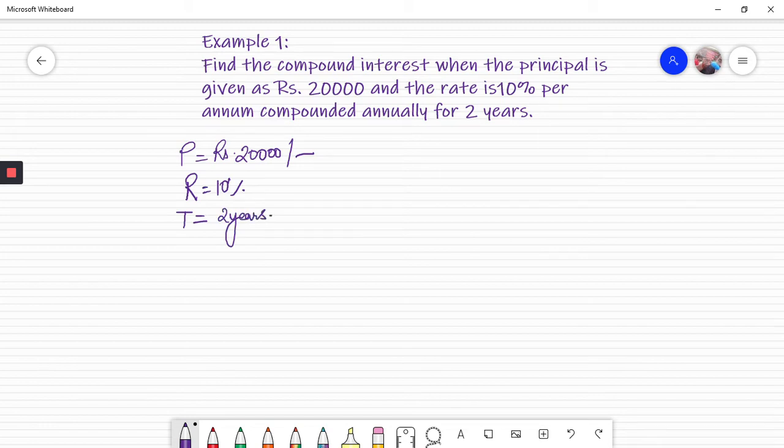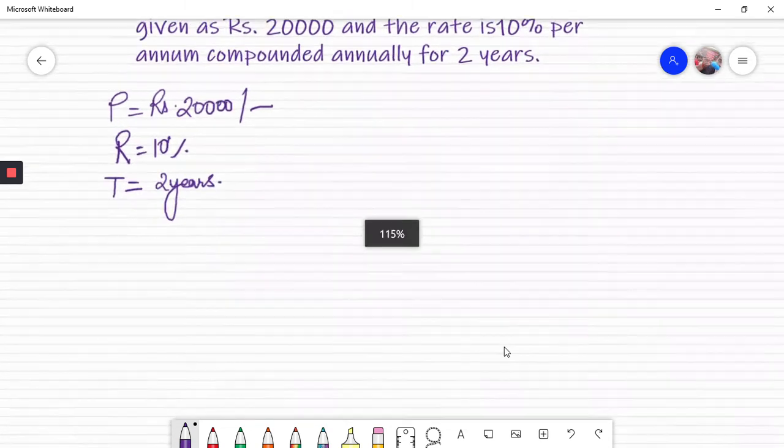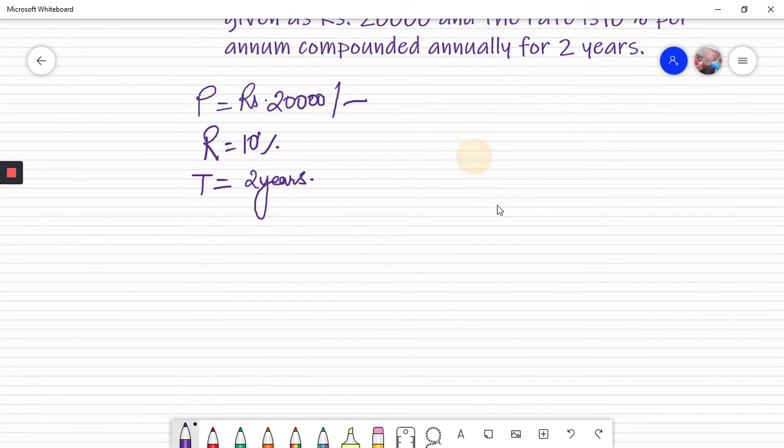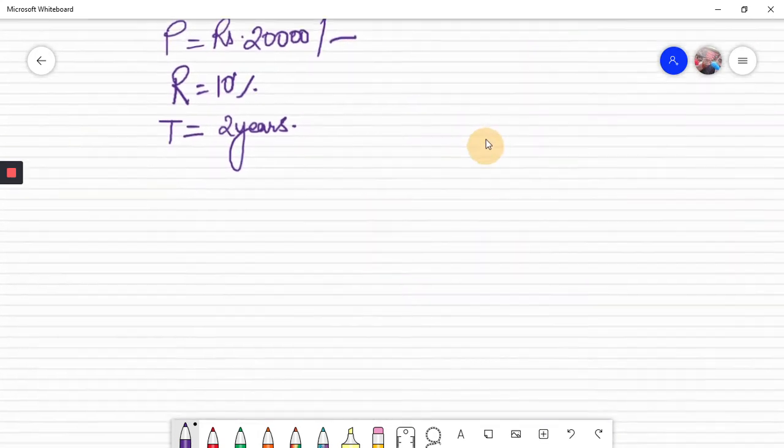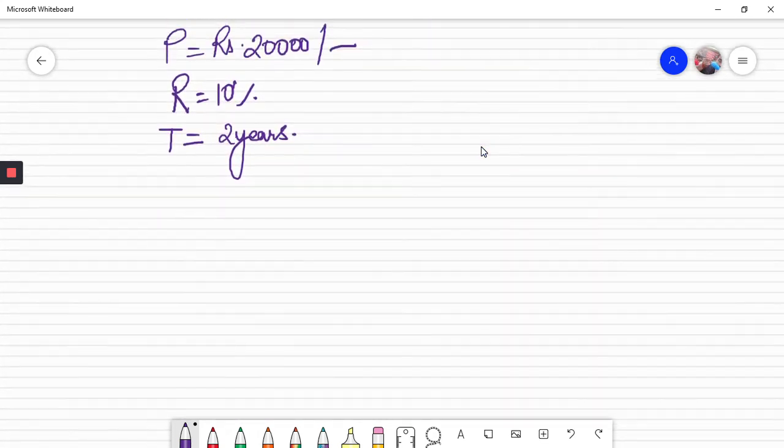So first I'm going to take the simple interest method. The formula for simple interest is SI is equal to principal into rate into time divided by 100. Since there are 2 years, we'll be doing the calculations year by year.